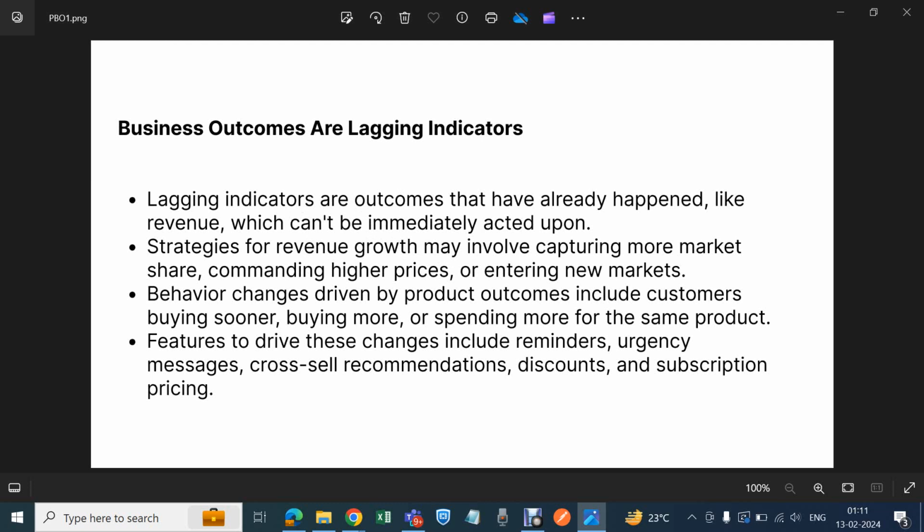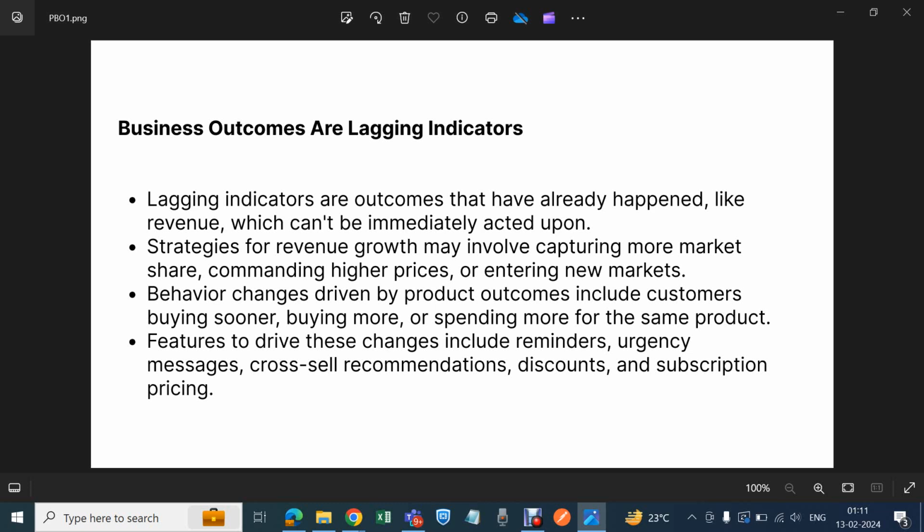Business outcomes are things related to revenue, profit, market share, etc. Whereas product outcomes are related to the user experience: engagement, activation, active users, time spent, these kinds of metrics. As you can see on the screen, business outcomes are lagging indicators.